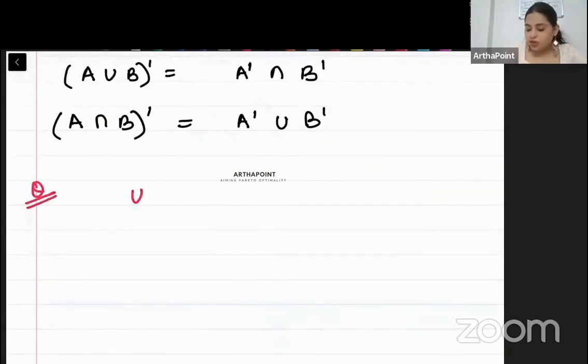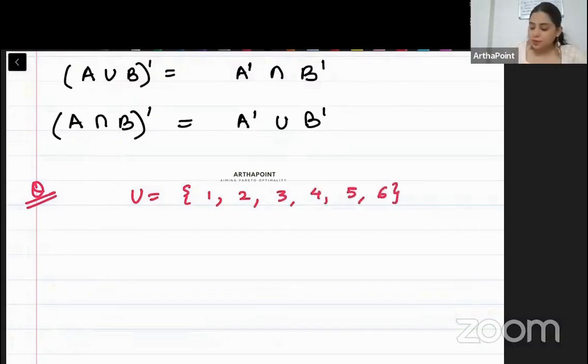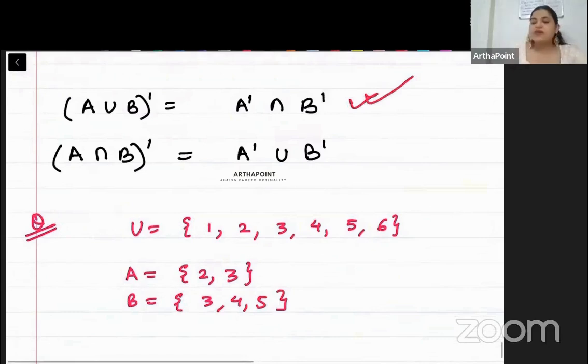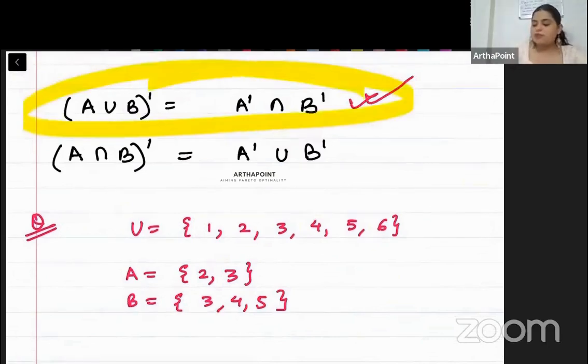So beta, your union is 1, 2, 3, 4, 5, and 6. Beta, A is 2, 3. And B is 3, 4, 5. First, I will try the first De Morgan's law.